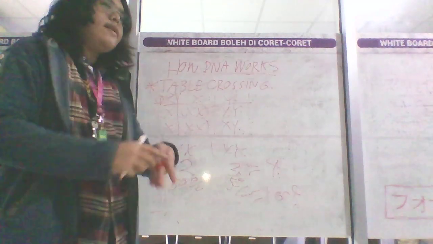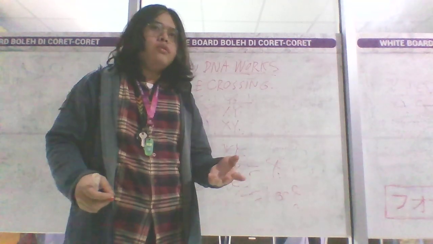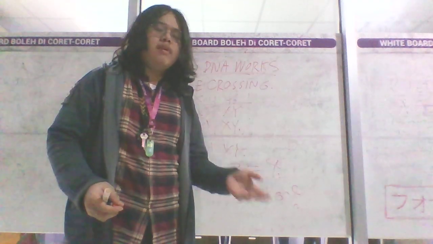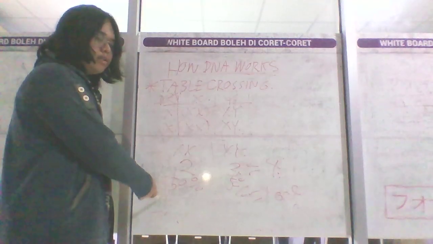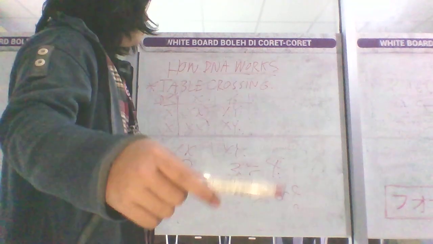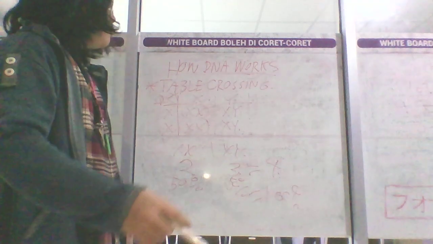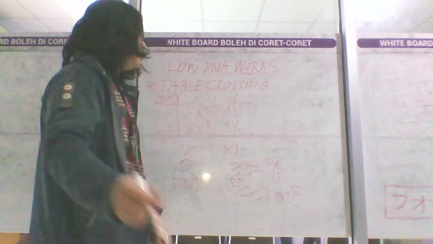So when DNA works, it is the same as predicting the birth of a baby male or baby female. The probability of a baby male is 50%, and the probability of a baby female is 50%. So this is the basic rule, the basic crossing, of how DNA works.